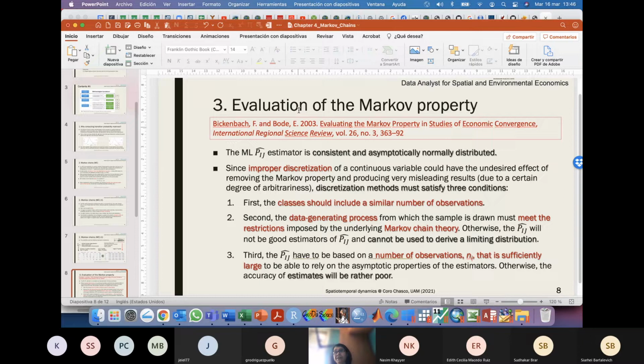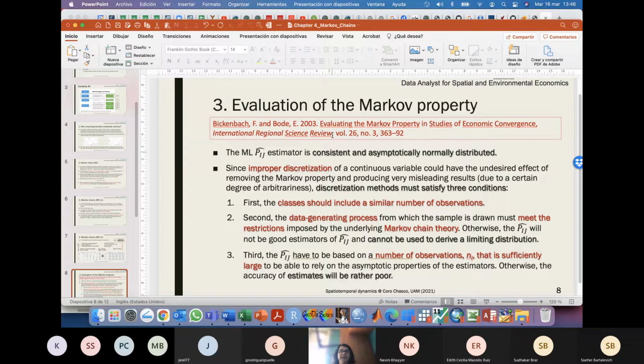Previously it was applied to world countries, and afterwards, since the 2001 paper written by Serge Rey, which was applied to United States regions, it came to be applied to European regions and other places.